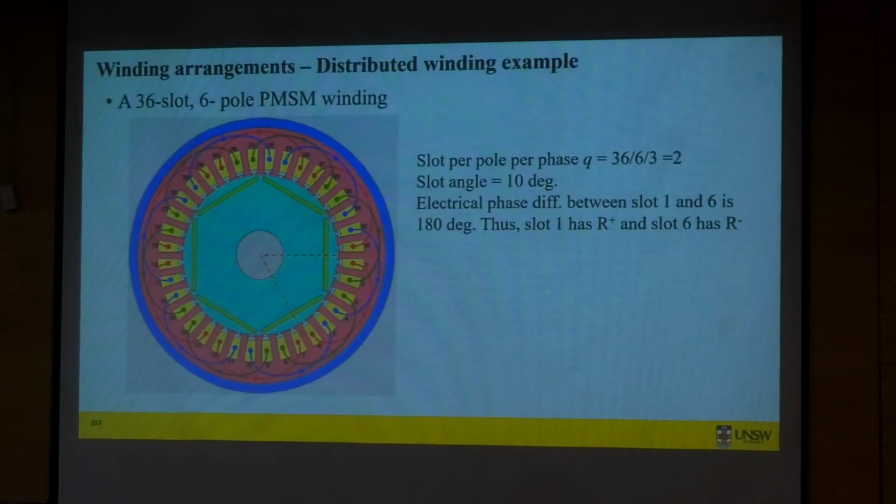You may find this if you're using ANSYS. ANSYS provides you the conventional distribution of winding directly, you don't even have to do it. You just need to define whether you want full pitching, short pitching, etc., and they will do it automatically.